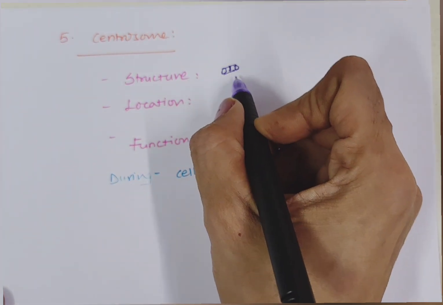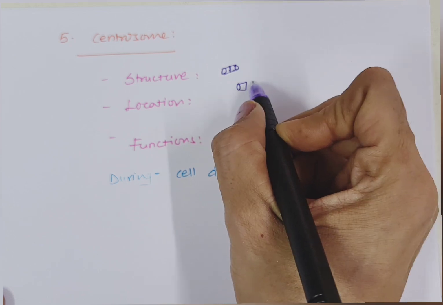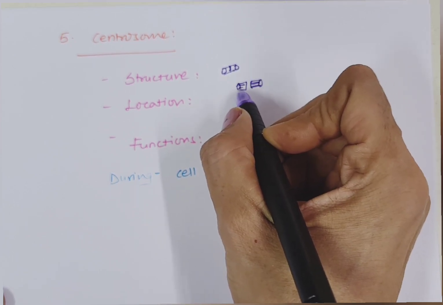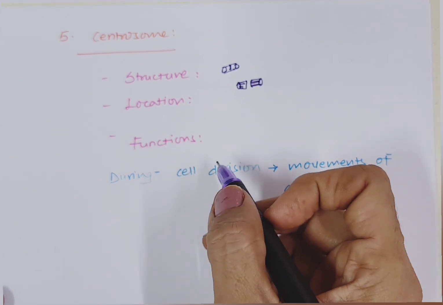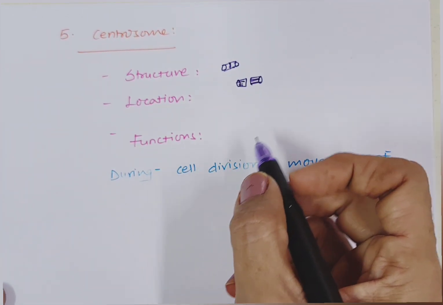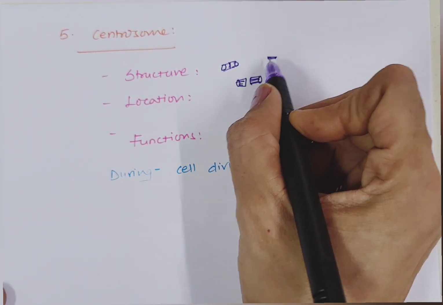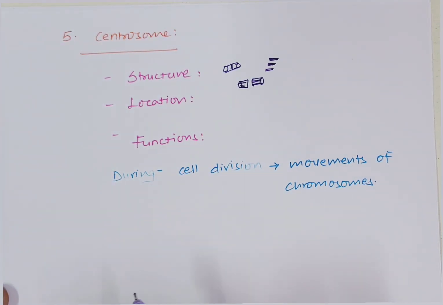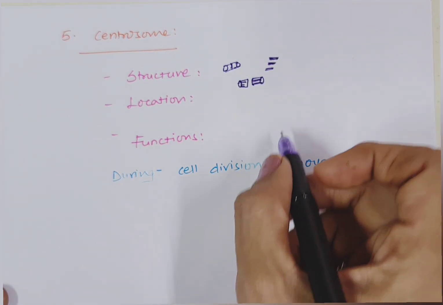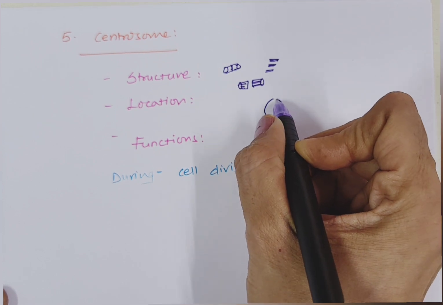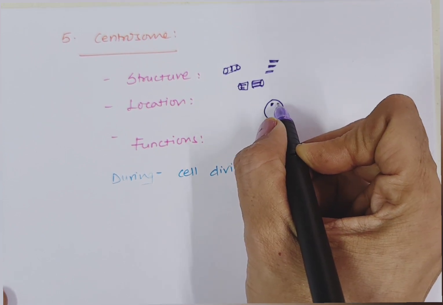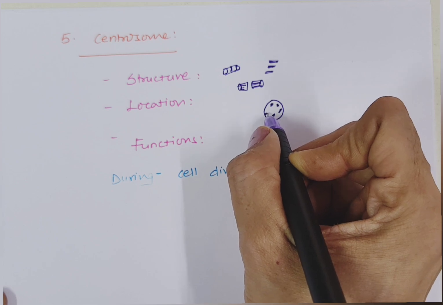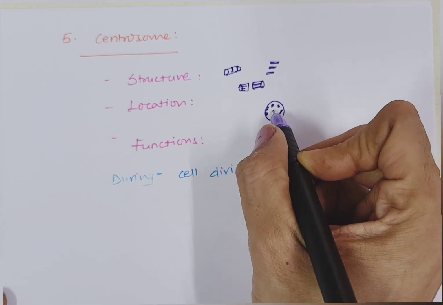This cylinder-shaped centrosome has microtubules in its wall. These microtubules are in groups of three, like this 1, 2, 3, so they are triplets, and there are 9 triplets. Suppose this is triplet 1, then 2, like this, there are 9 triplets, in this cut section you would say.